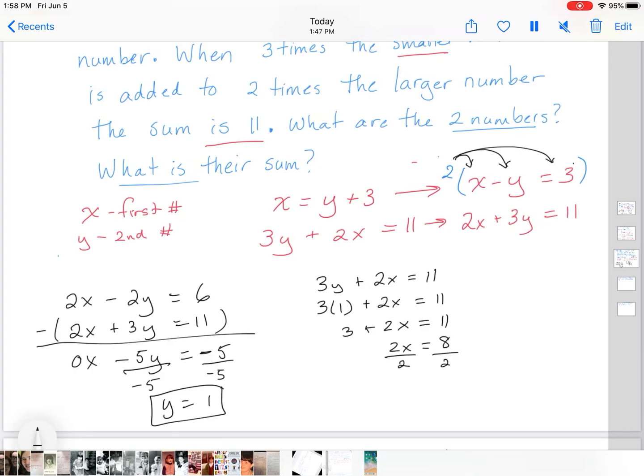So x equals 4. Now, this is the verification. If we look at the first equation, x equals y plus 3, 4 does indeed equal 1 plus 3. So it's an easy way to check that. Okay? Yay. All right. That's number one.